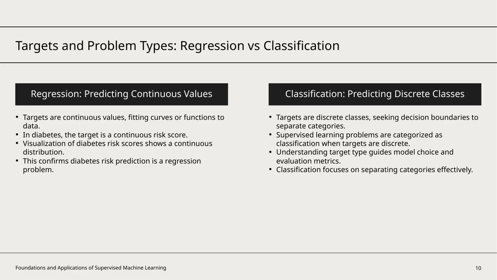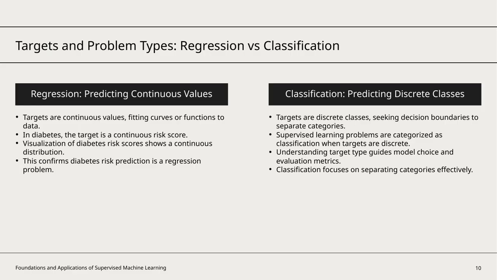Now, focusing on classification, this involves predicting discrete classes. Think of it as assigning labels, such as diseased or healthy. The goal here is to find the best way to differentiate these categories. On the other hand, regression deals with targets that are continuous values. For example, predicting a risk score for diabetes, which can take any value within a range.